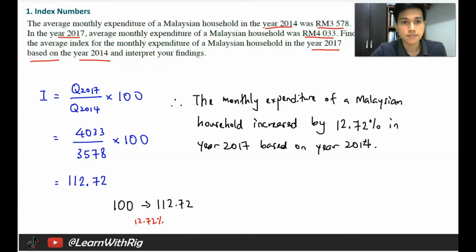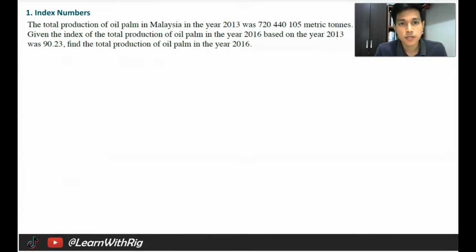Right, next. The total production of oil palm in Malaysia in the year 2013 was, okay, so again, they gave you another, they say this year, this is the quantity, okay? Metric tons. Given the index, so now this one is a bit different. All this while, the previous two questions, they gave you Q1 and Q0, okay?